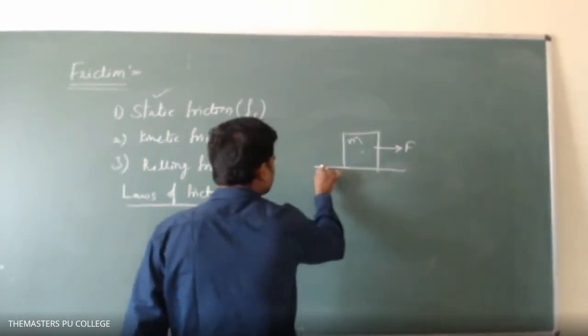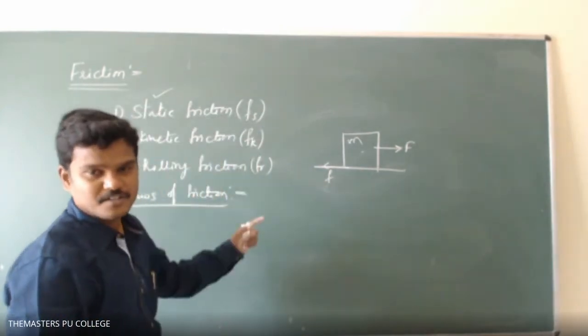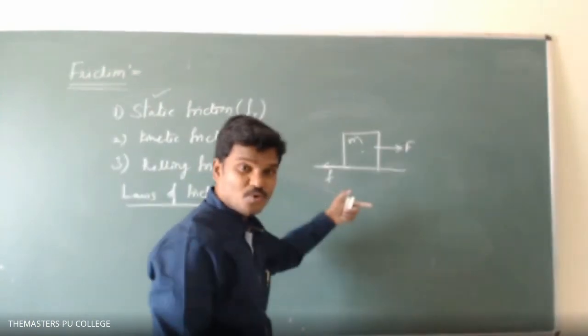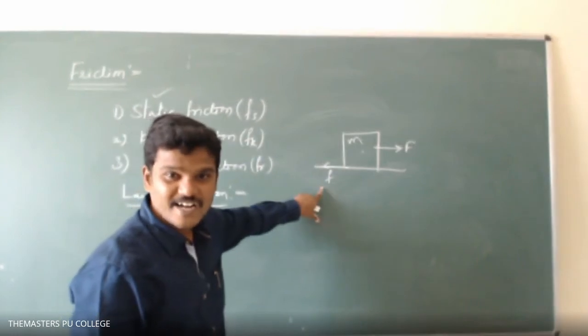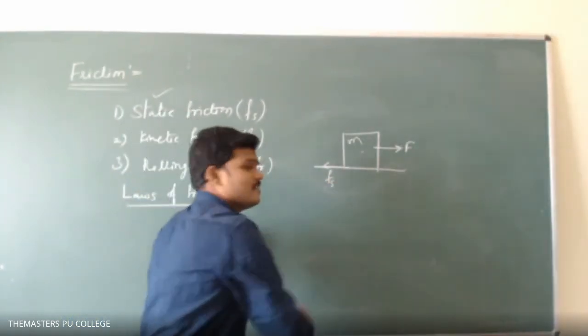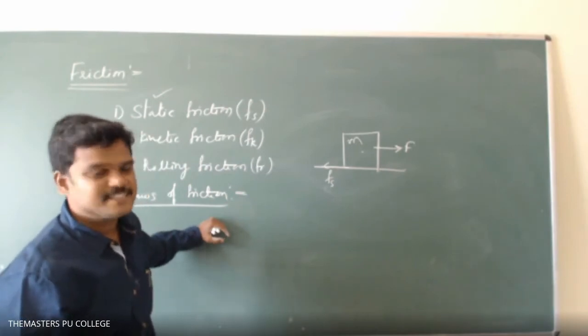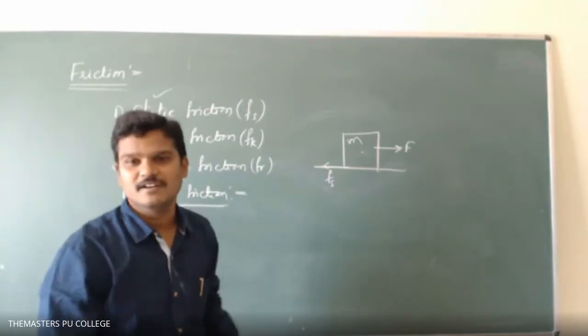No doubt static frictional force is opposite to the motion. Static frictional force on the body is backward, on the floor forward. Generally we can represent it like this. This is the static frictional force on a body. For example, you are walking on a floor.